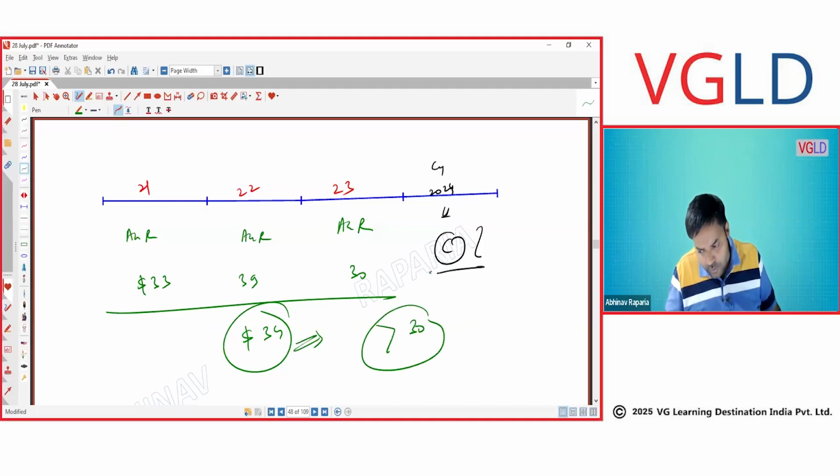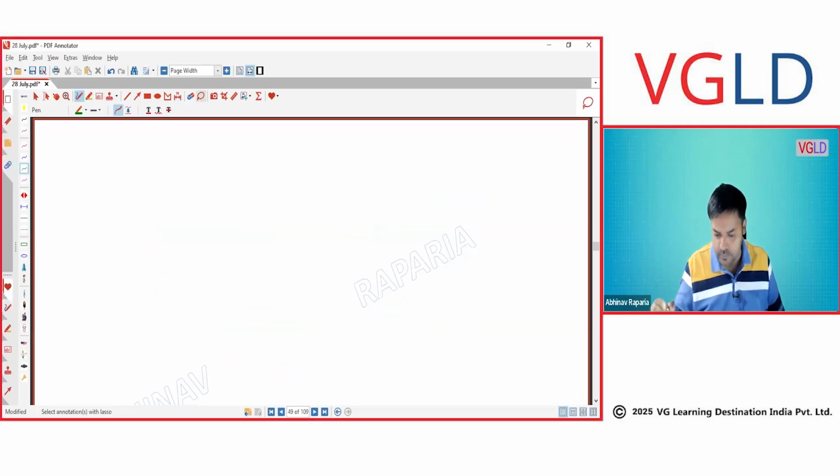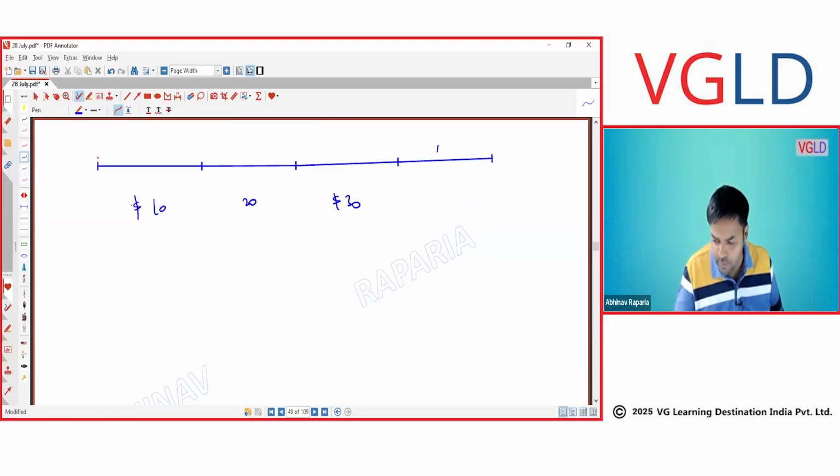Can you follow the cash method? I hope it is okay. Because then you are a big organization, you cannot follow the cash method. Now, $10 million, 20 million, 30 million. Can you follow the cash method?